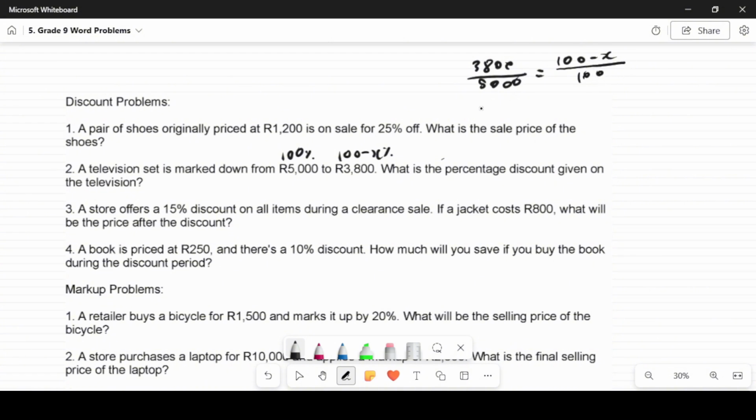If you solve for X here, we get 38 over 50 multiplied by 100 equals 100 minus X. So 38 divided by 50 is 0.76, which is 76, equal to 100 minus X. Therefore X is equal to 100 minus 76, which is 24%. So the percentage discount is 24%.